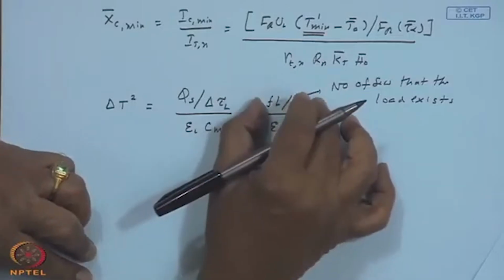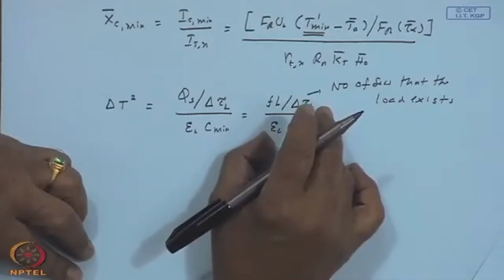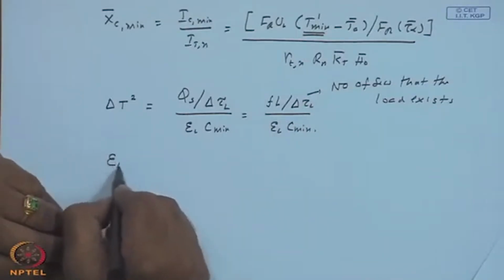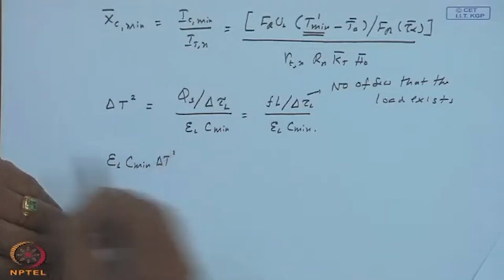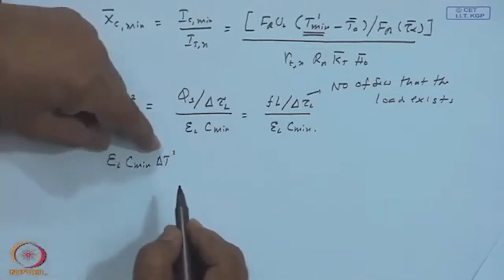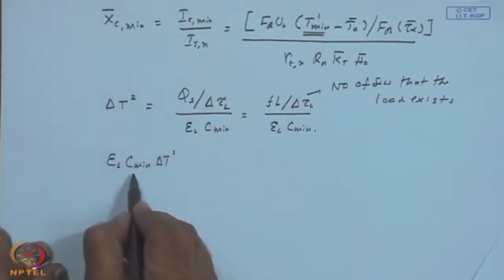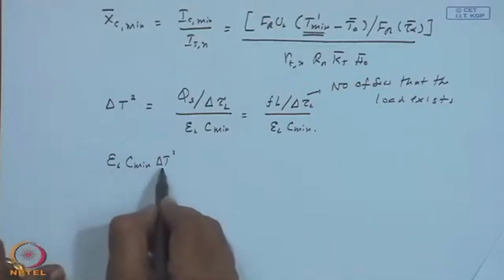So, this is a rate at which the energy delivery is made, and you will be very comfortable if you look at the equation as epsilon L C minimum delta T 2 is nothing but the energy transferred by the heat exchanger, right, because this is the minimum of the heat capacitance rates of the heat exchange fluids on the two sides of the heat exchanger multiplied by the effectiveness of the heat exchanger multiplied by the delta T available across the heat exchanger.